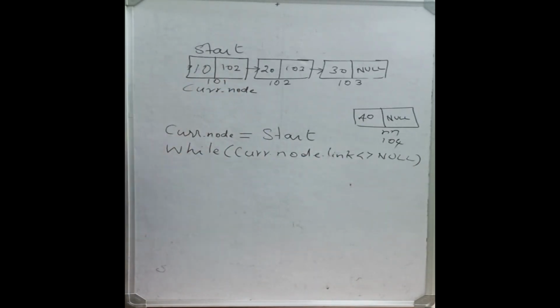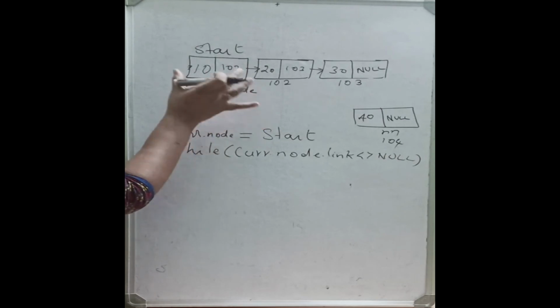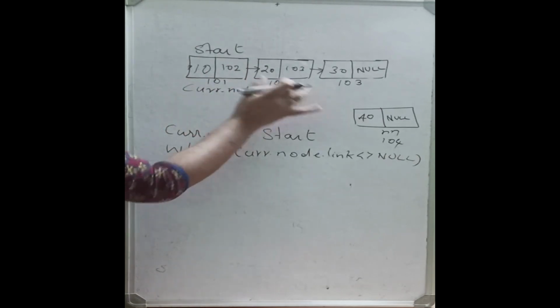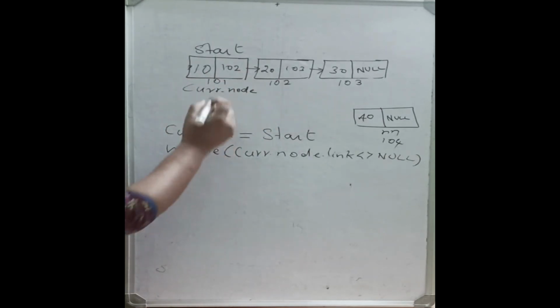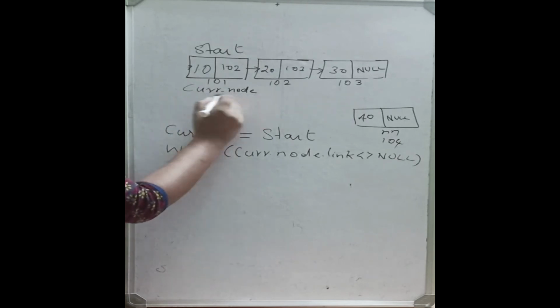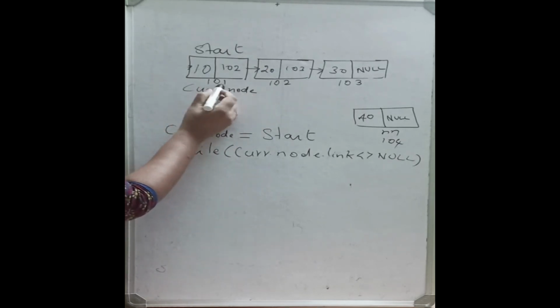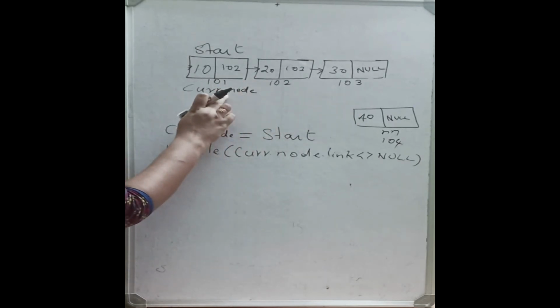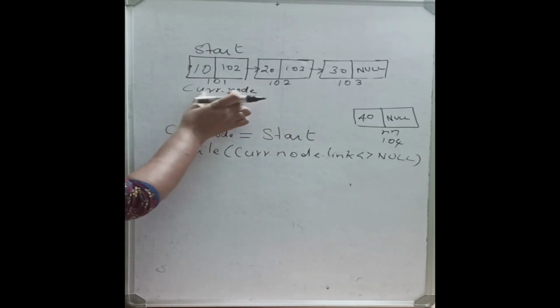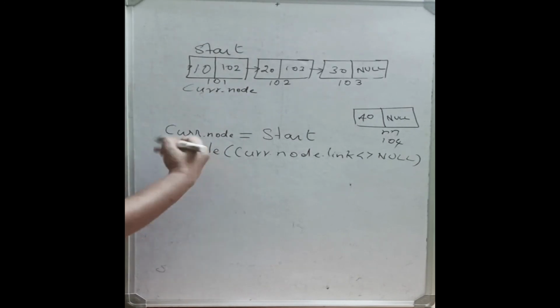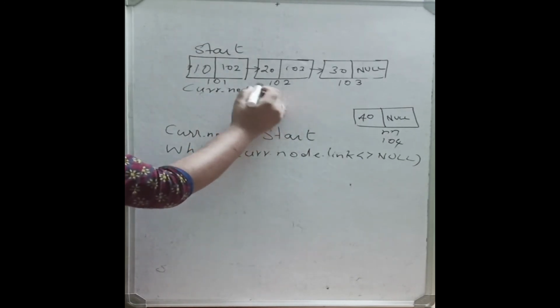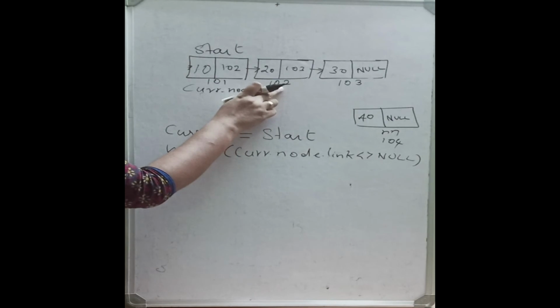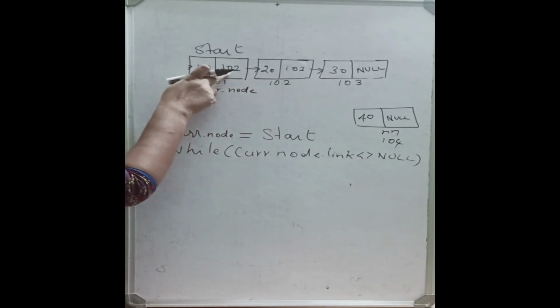In that case, we are going to move this pointer from here to here. So how can I move it? Now my current value is 101. If I assign 102 to this current node, the current node will move from here to here. So how can I get the address of this? The address of this I have stored here.